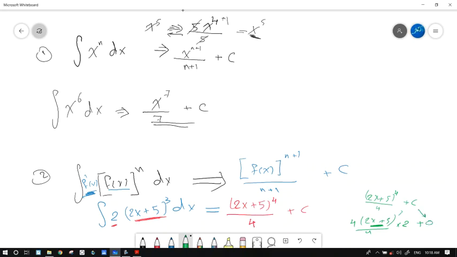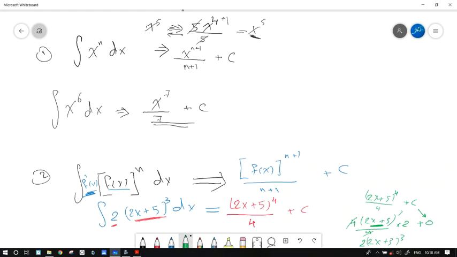By simplifying, 4 cancels with 4, so the expression will be 2x plus 5 whole power 3 times 2 beside the bracket, which is the derivative given in the integration process. So here I found the antiderivative of this expression.